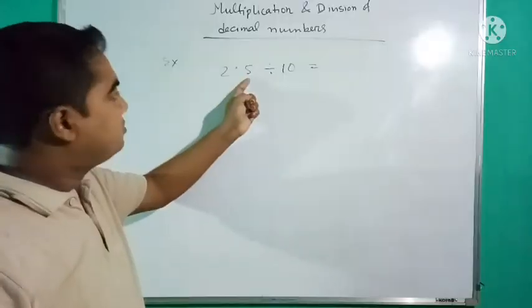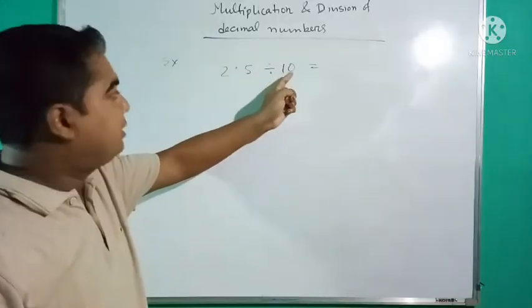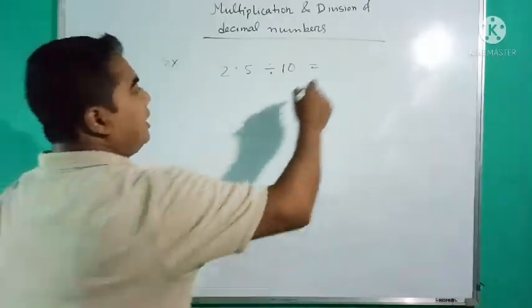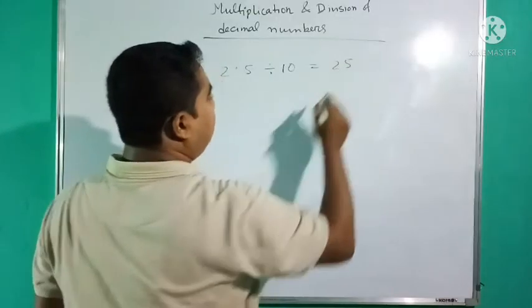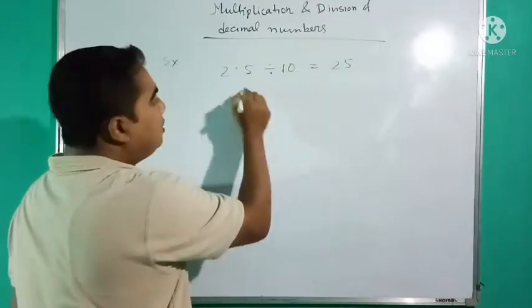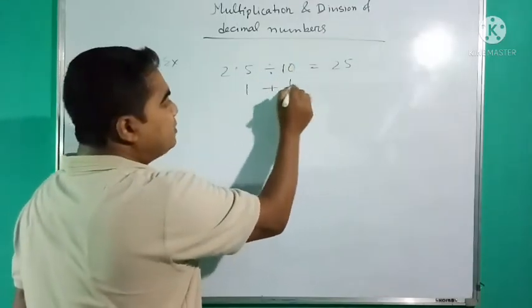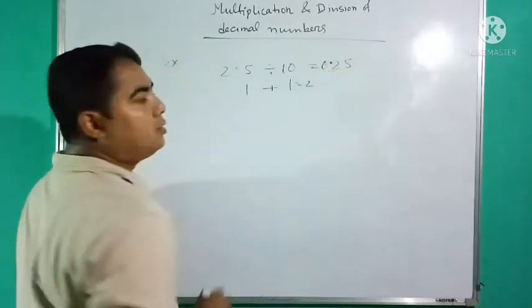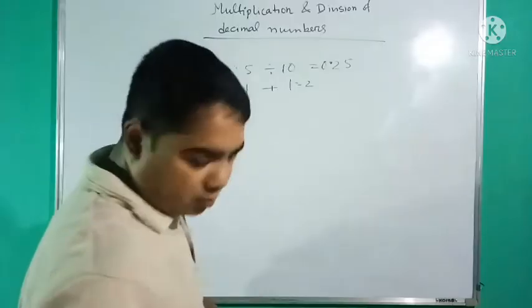One decimal place, divided by 10. 10 means the decimal places increase. At first write it as 25. Here already one decimal place, and 10 means 1 0, that means 1 more. Total how many decimal places? 2 decimal places. So 0.25.